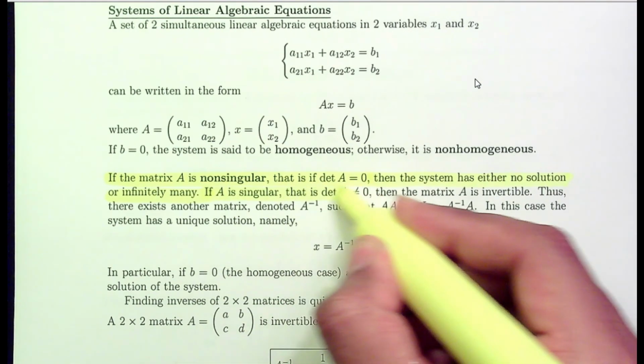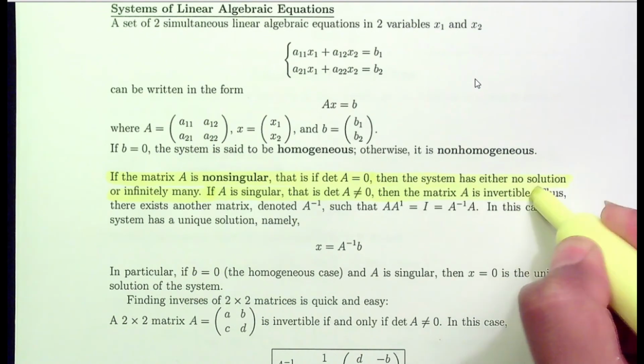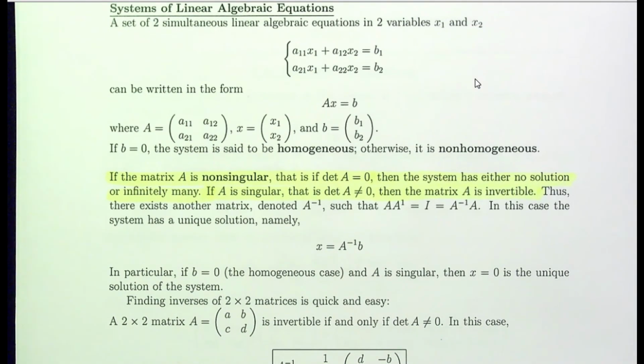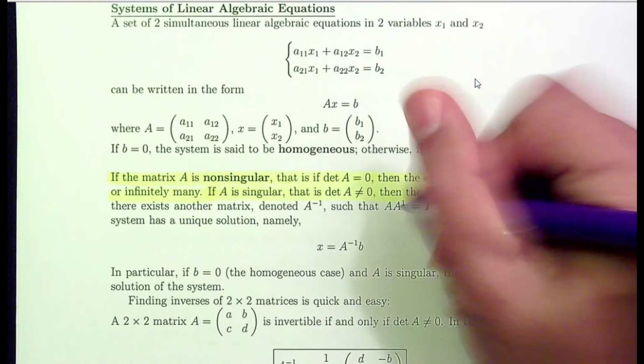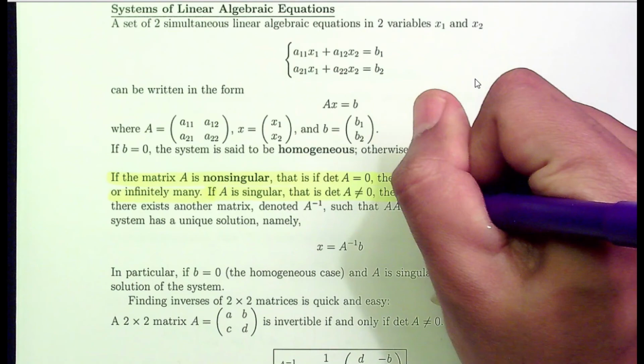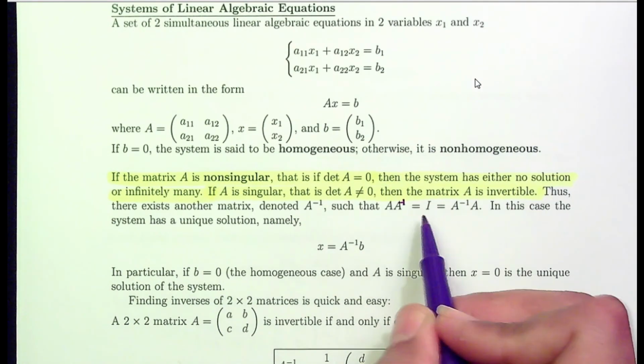We say that the matrix is non-singular if the determinant is not 0. And in that case, the matrix is invertible, which means the inverse exists. The inverse is just going to be another matrix denoted by A to the negative 1, such that when you multiply it by the original one, on either side, you get the identity matrix I. There's a little typo here, that should be A to the negative 1.